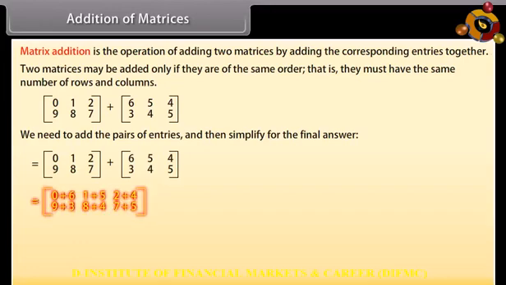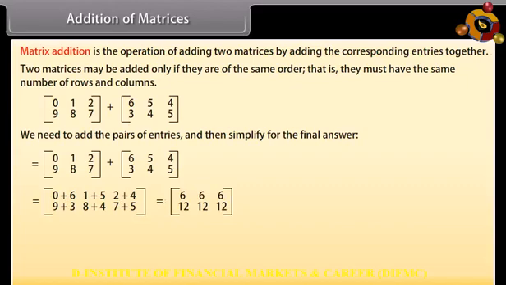Row-wise, first row 0 plus 6, 1 plus 5, 2 plus 4, second row 9 plus 3, 8 plus 4, 7 plus 5, is equal to row-wise, first row 6, 6, 6, second row 12, 12, 12. So the answer is row-wise, first row 6, 6, 6, second row 12, 12, 12.